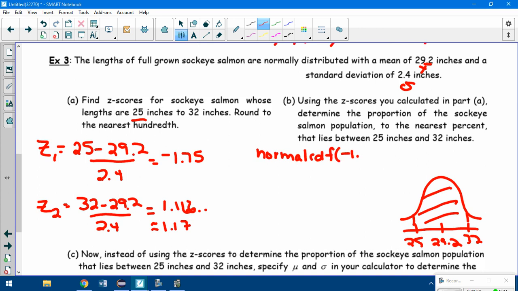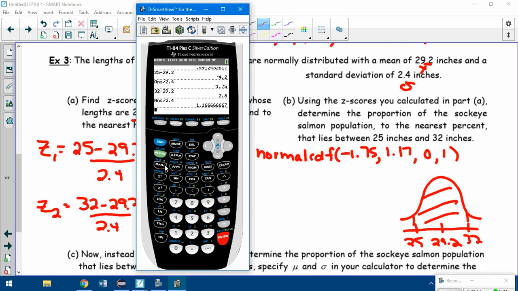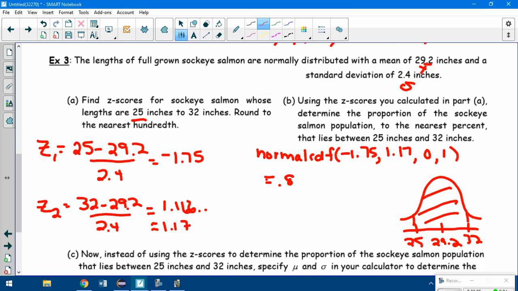My lower would be negative 1.75, my upper would be 1.17, comma 0, comma 1, because we're going to that parent normal curve again. So negative 1.75 to positive 1.17, comma 0, comma 1, 0.8389. So to the nearest percent, we'd have an 84% chance.